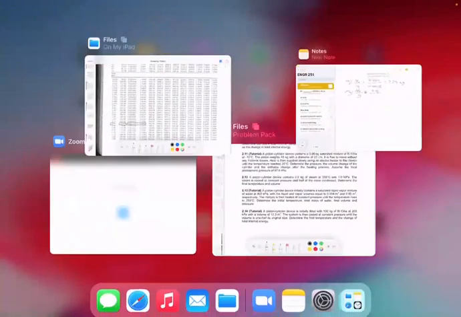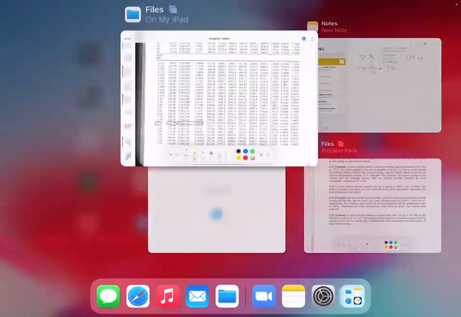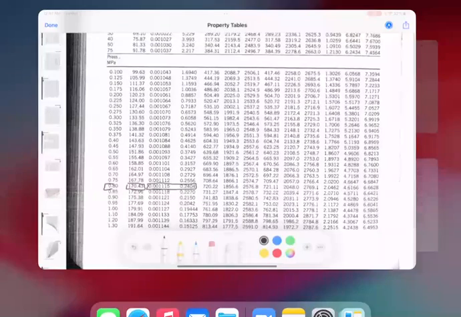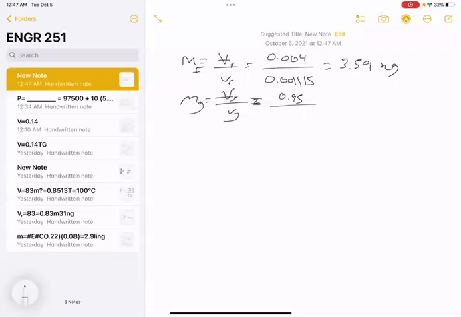So now we're looking at this value here, it's 0.2404. So 0.95 divided by 0.2404 gives us a mass of 3.95 kilograms.